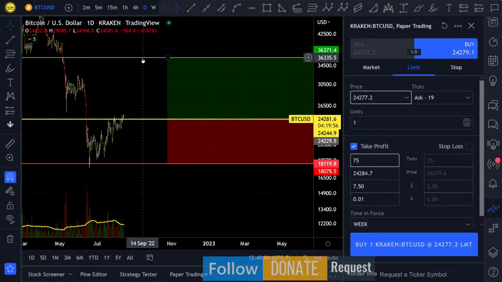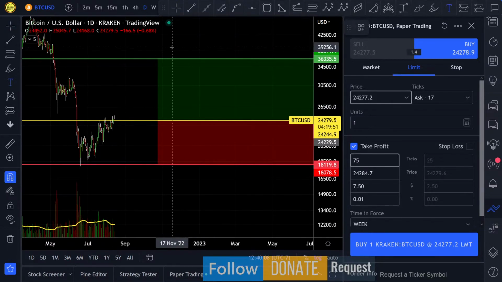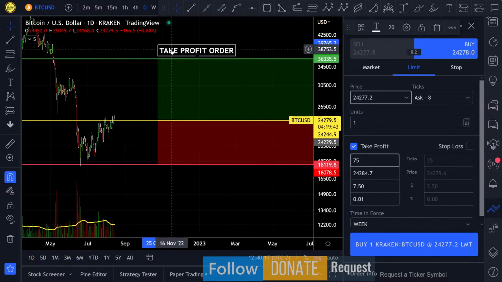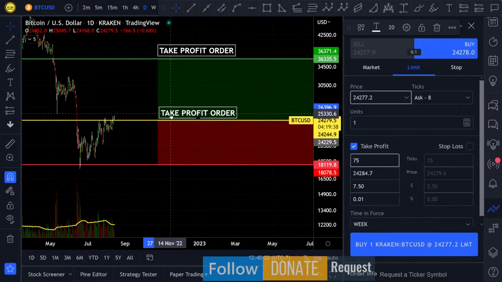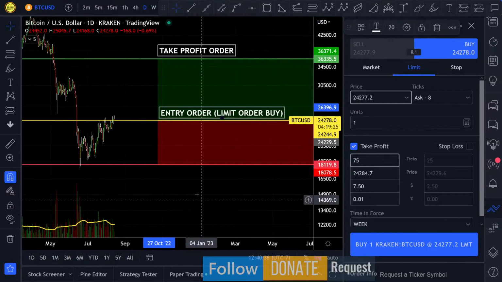The green line is take profit, yes, up here. Let me write it down. So take profit order is up here, and my buy limit, so entry order, my limit order buy is here on the yellow.